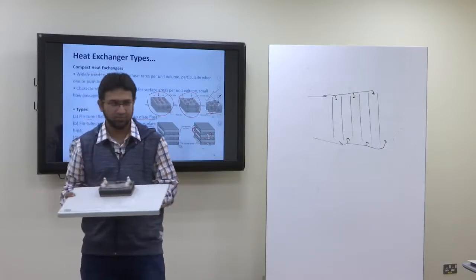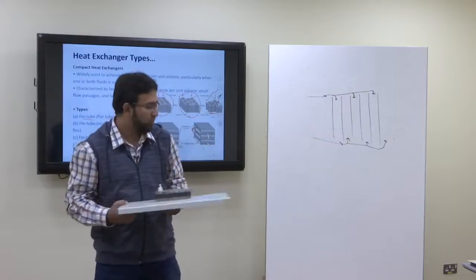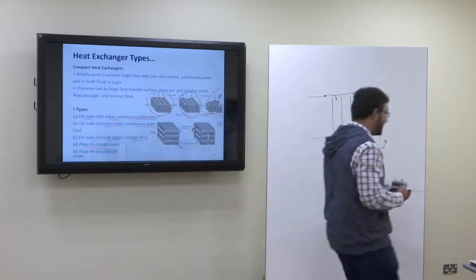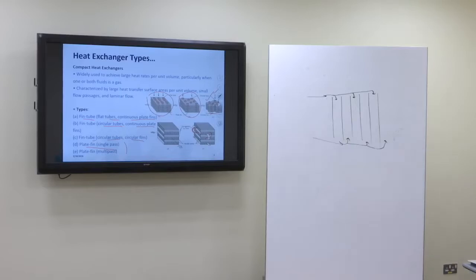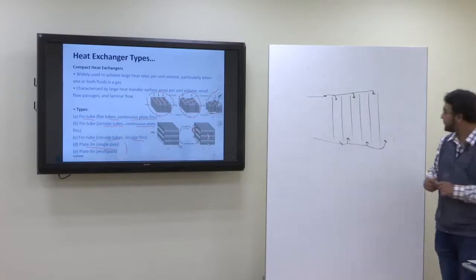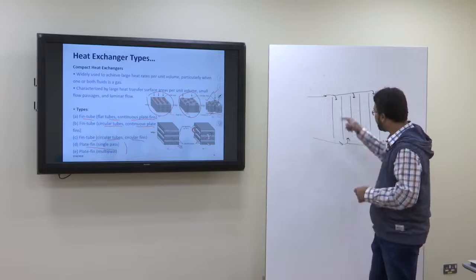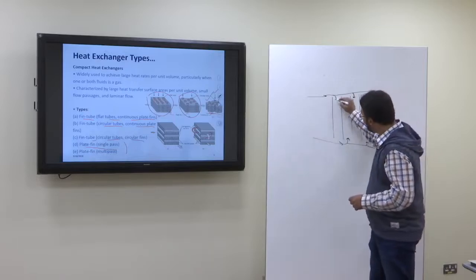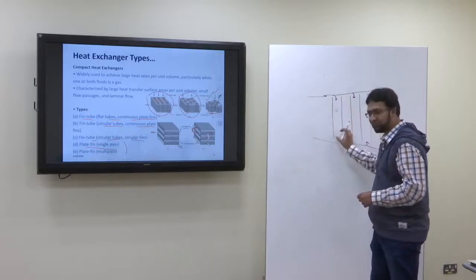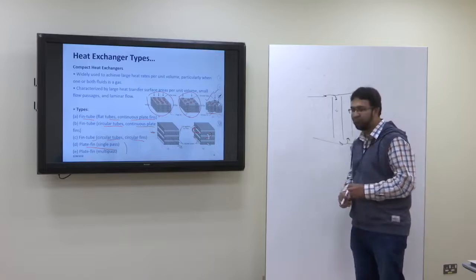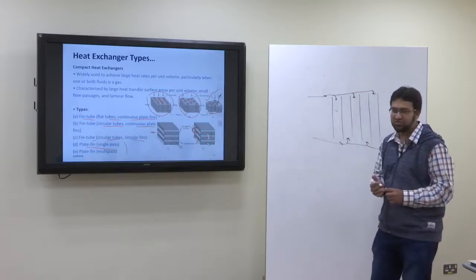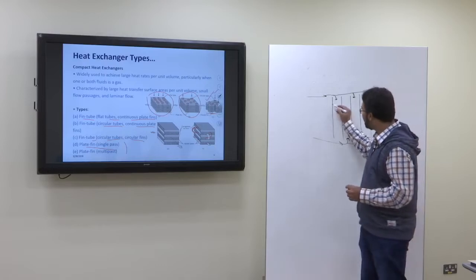Now what we do in the industry is, you have two plates. This is one plate, this is another plate, and a fluid will pass through these plates. So what industries do is that they put a certain feature.